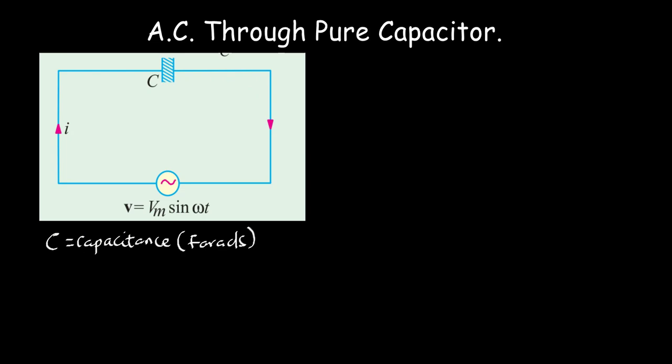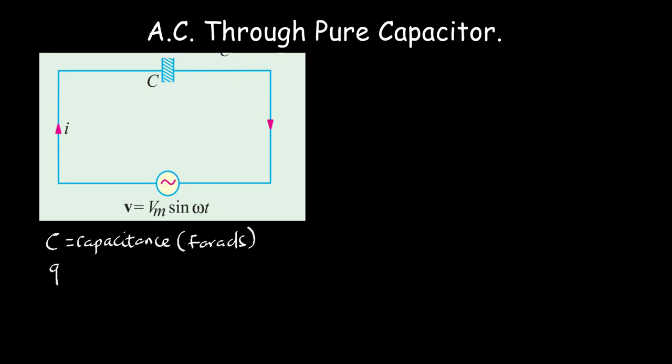What will happen is that when this voltage begins to pass through this circuit, the capacitor will be charged. At one point in time it will be charged in one direction and then in the opposite direction at another time, because we have an alternating voltage source here.